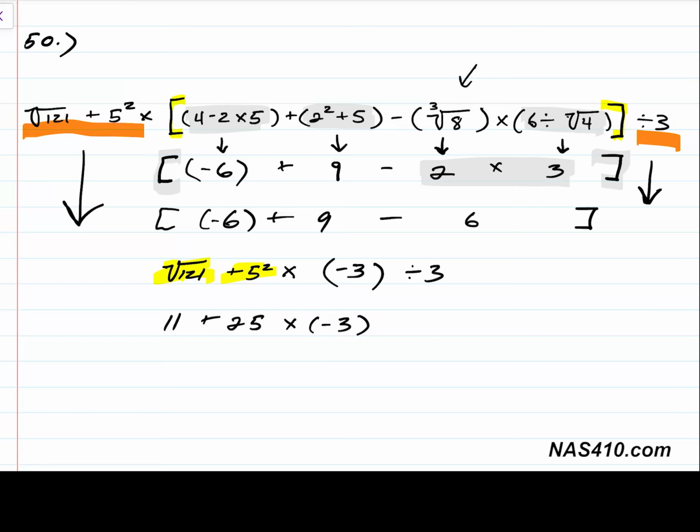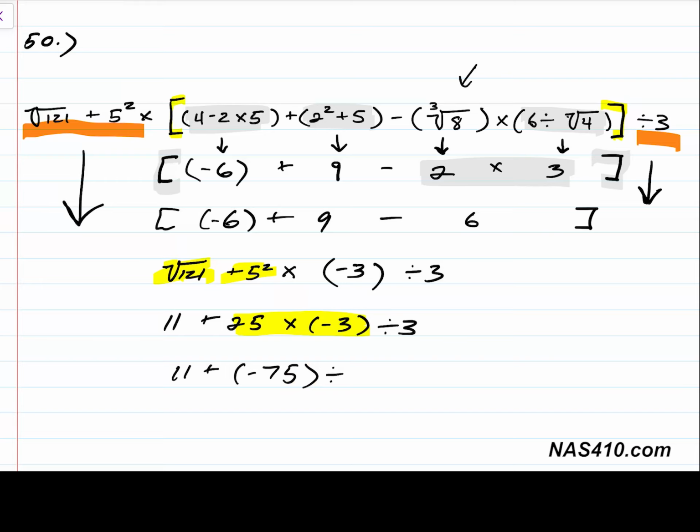Next I'm going to look for multiplication and division. I have multiplication here, and then I have division there. Let's do this multiplication first. So I have 11 plus 25 times -3, which is -75, divided by 3.